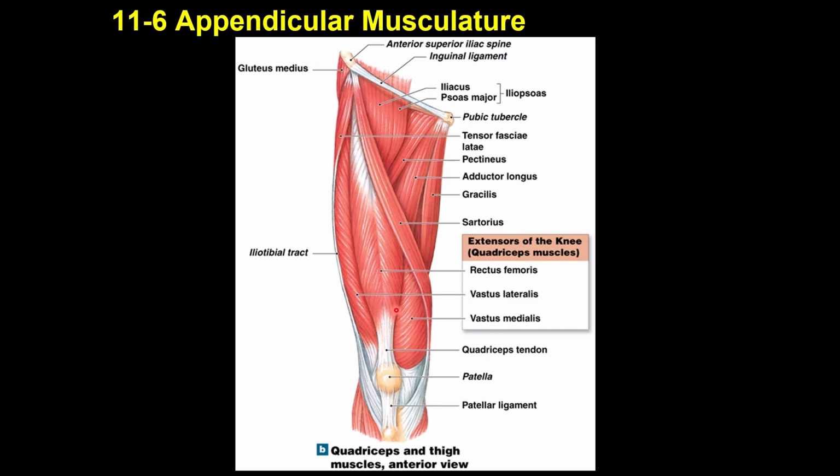But for that muscle, you have to remove the rectus femoris to see it. The name is, once again, vastus intermedius. These muscles also cause flexion of the hip. Okay, extension of the knee, flexion of the hip.